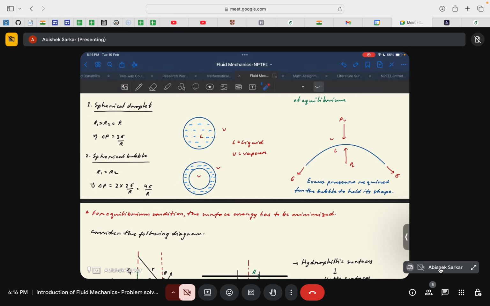Unfortunately, in my case as well, I have not dived deep into the effects of surface tension and how these expressions change for complex cases, because my field of study is not related to this right now. So I'm not able to find some elaborate examples or cases where the expressions might change.